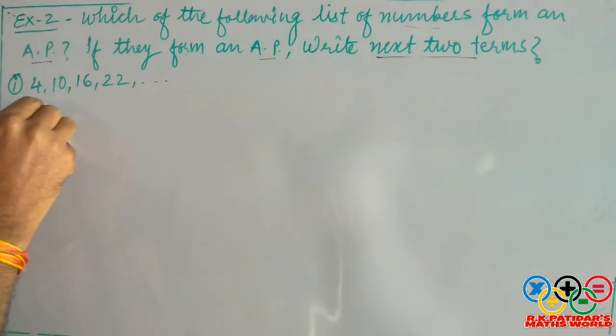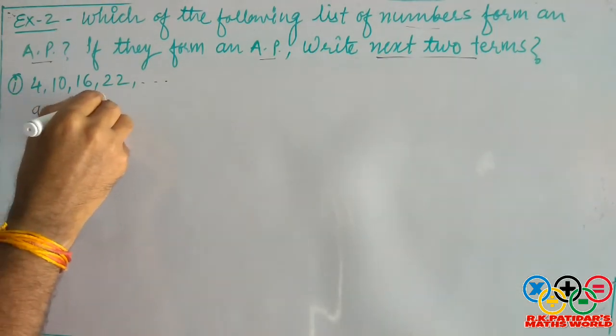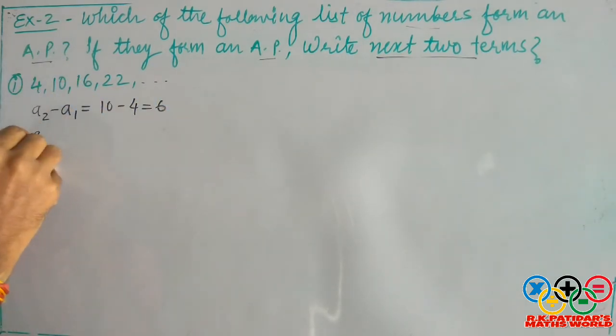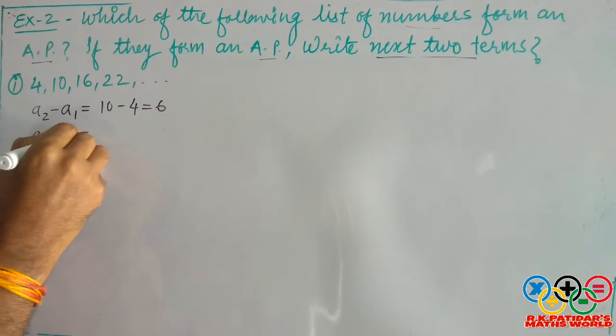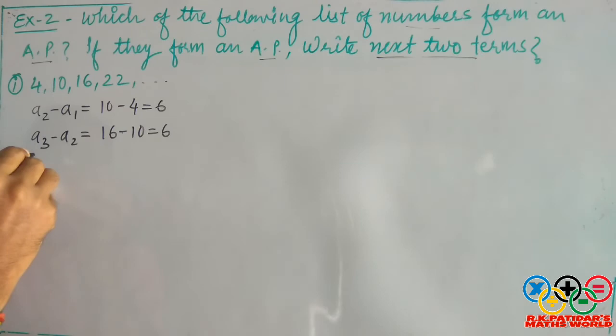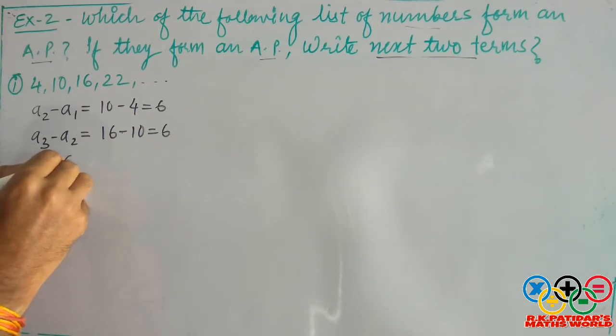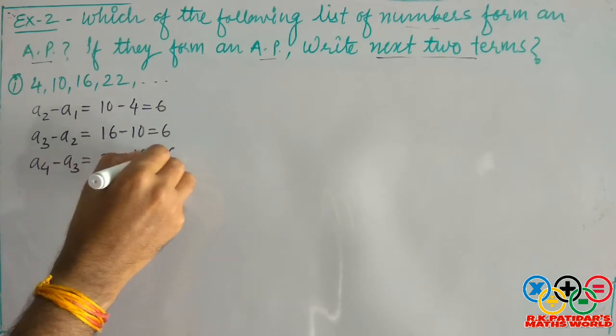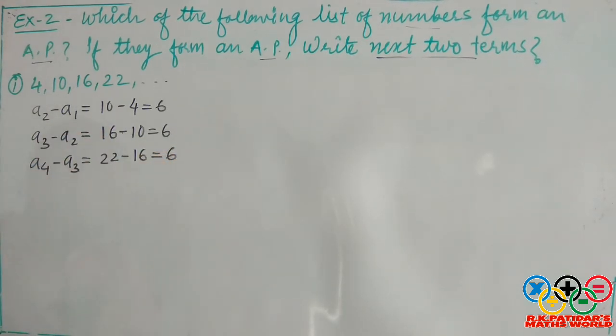So, second term minus first term is 10 minus 4, that is 6. Then third term minus second term, it is 16 minus 10, that is 6. Fourth term minus third term, it is 22 minus 16, that is 6. What we observe, that common difference remains same.